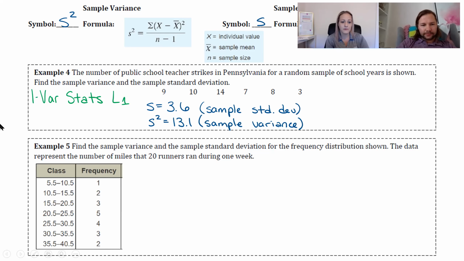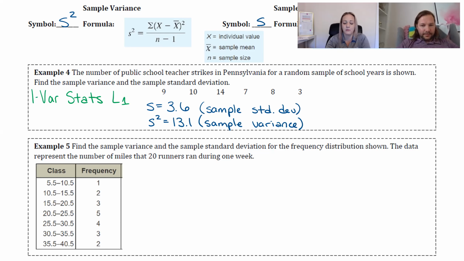Okay, and then example 5 says to find the sample variance and the sample standard deviation for the frequency distribution shown. And the data represents the number of miles that 20 runners ran during 1 week. Okay, so we can do this in our calculator, but since we have our frequency distribution table, we do have to go ahead and find the midpoints of all of those classes first.